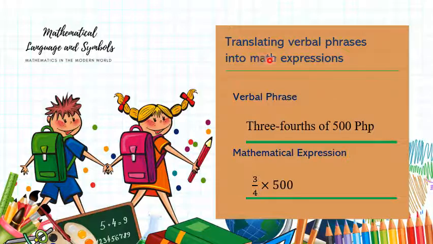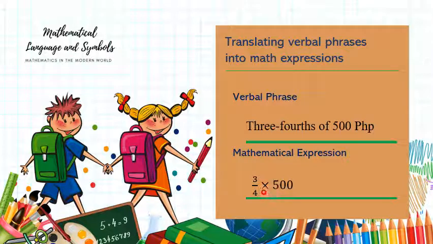Example verbal phrase: 3/4 of 500 pesos. 3/4 of is a multiplication, and 500 you can write as 500. So 3/4 times 500 means 3/4 of 500. That verbal phrase can be translated this way.